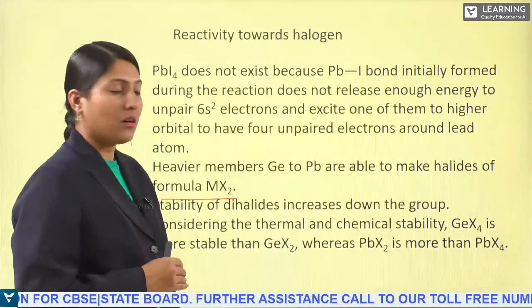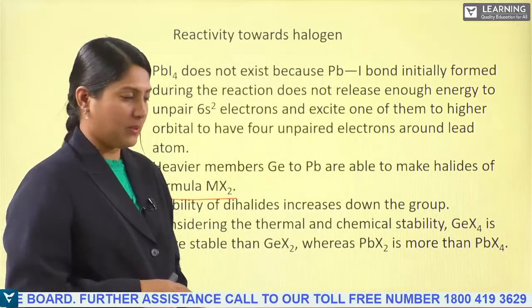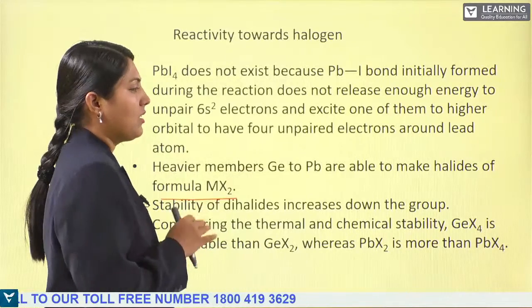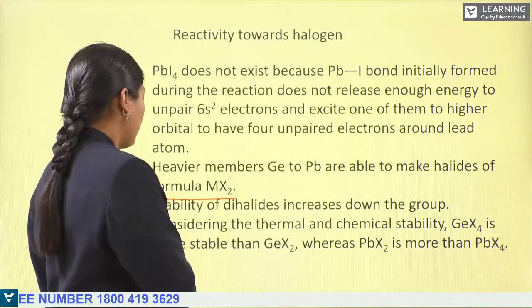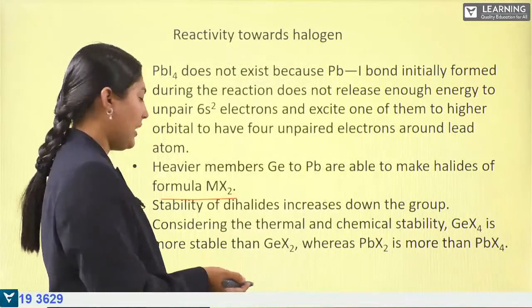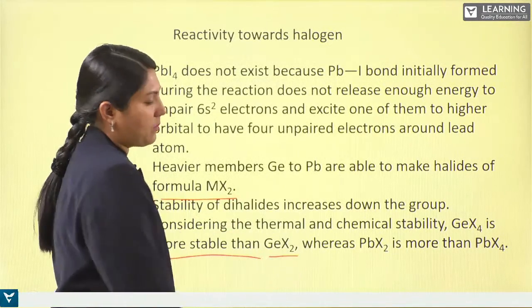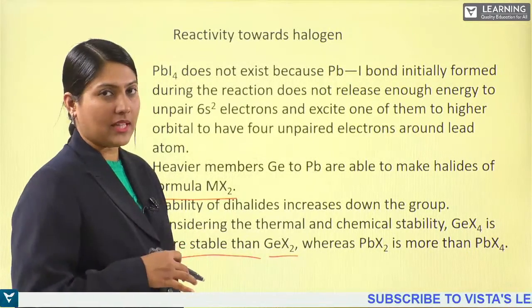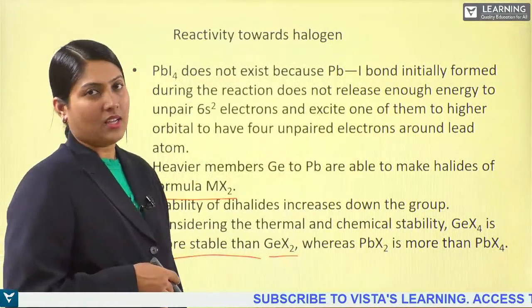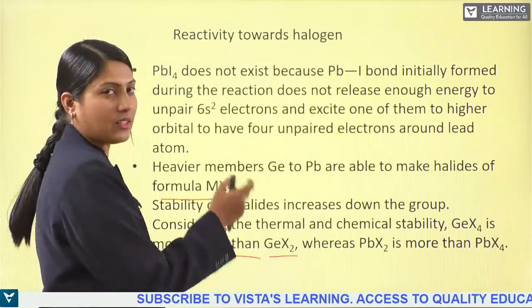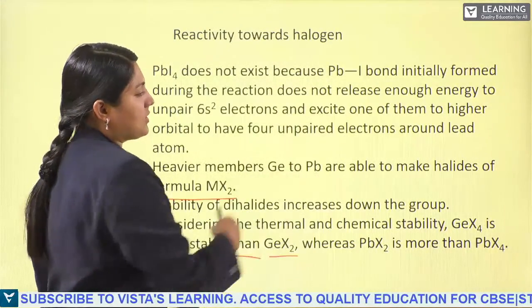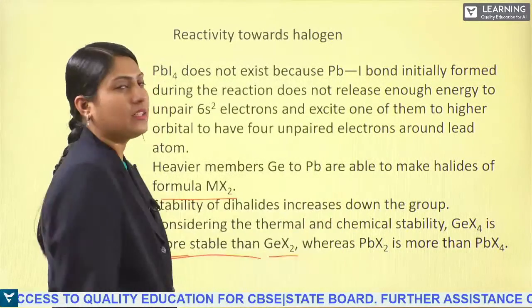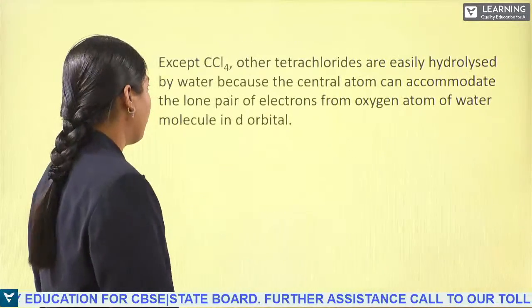Considering thermal and chemical stability, germanium tetrahalide is more stable than germanium dihalide, whereas lead dihalide is more stable than lead tetrahalide. It is exactly different. You have to remember this. So germanium tetrahalide is more stable, whereas lead dihalide is more stable.